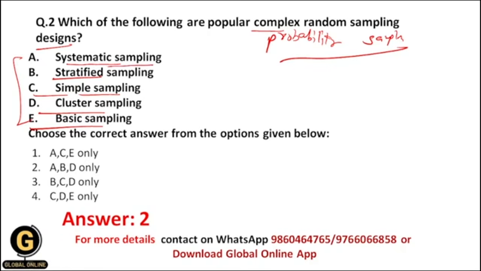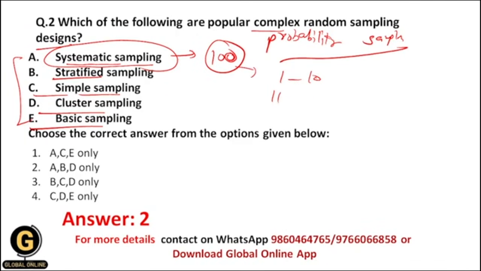Within the systematic sampling technique, there is a heterogeneous or homogeneous population, and in this population we have, for example, a finite population. For example, I have 100 people in a population and I need to select the samples. So what I will do is divide these 100 people into equal intervals. For example, I will make a 1 to 10 interval, then an 11 to 20 interval, and like this I will go up to 100.